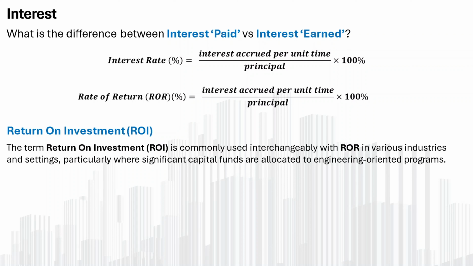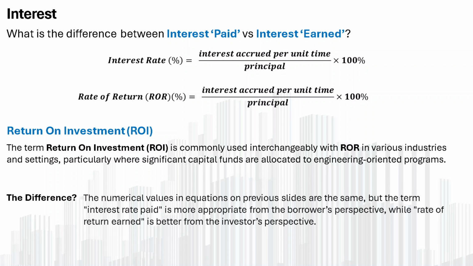ROR and ROI are usually used interchangeably in various industries and settings, particularly where significant capital funds are allocated to engineering-oriented programs. So the difference here is simply that interest rate is more used for borrowing and lending, while rate of return, or interest earned, is used from the investor's perspective. That's simply the difference.